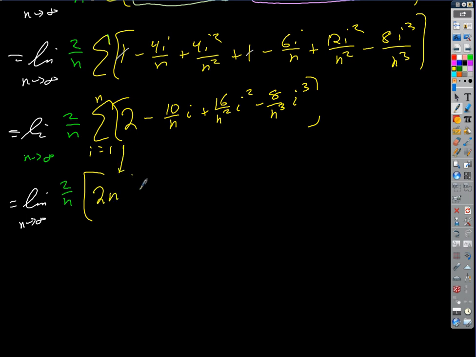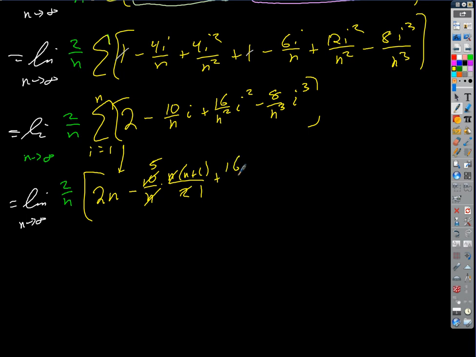Then we get minus 10 over n. What's the sum of i? n times n plus 1 over 2, right? Okay. So we can do some canceling. The n's cancel, those are like factors. Simplify that a little bit.